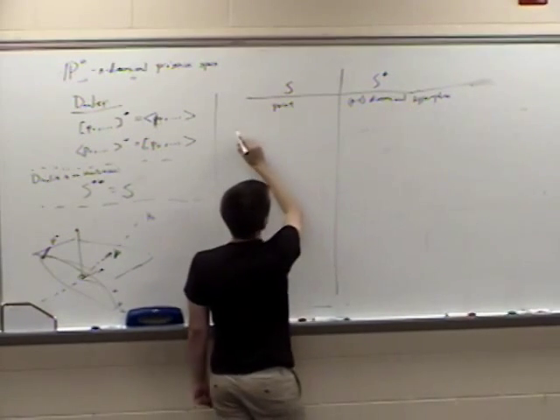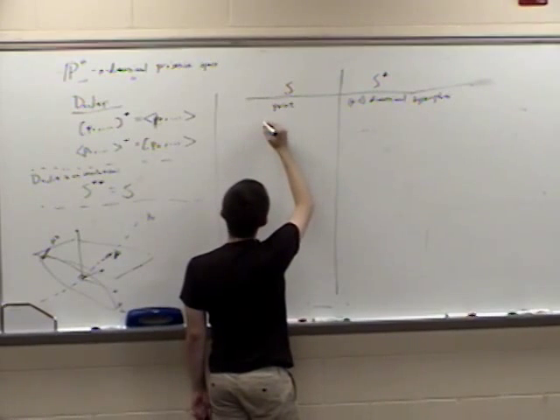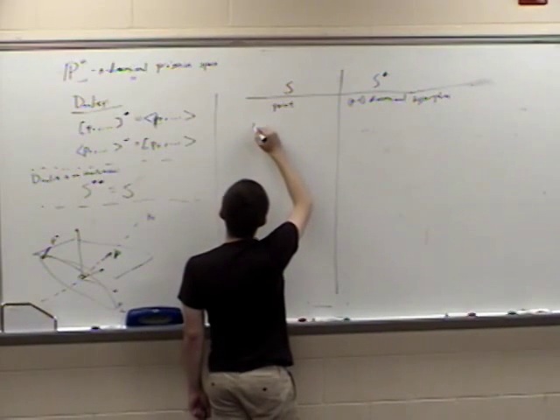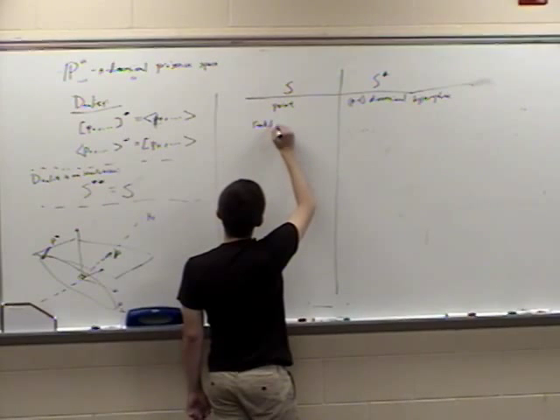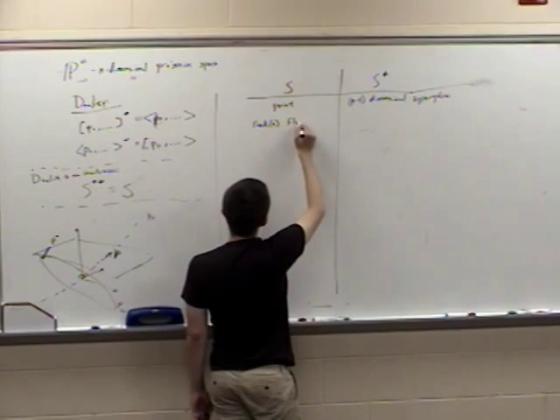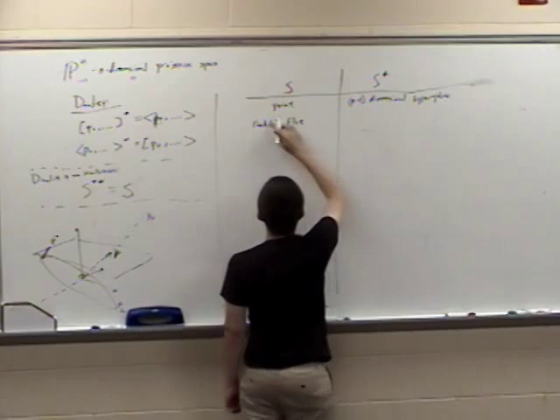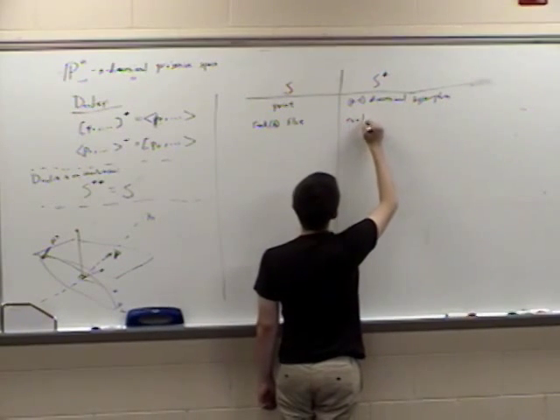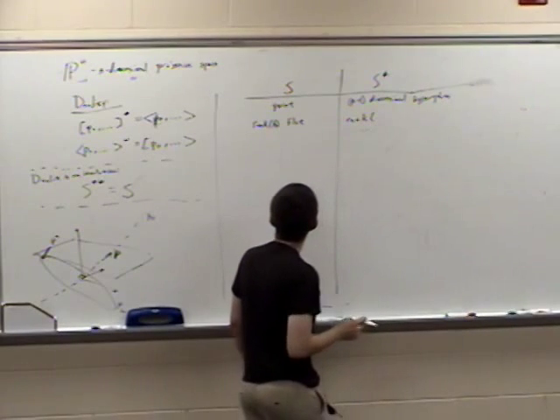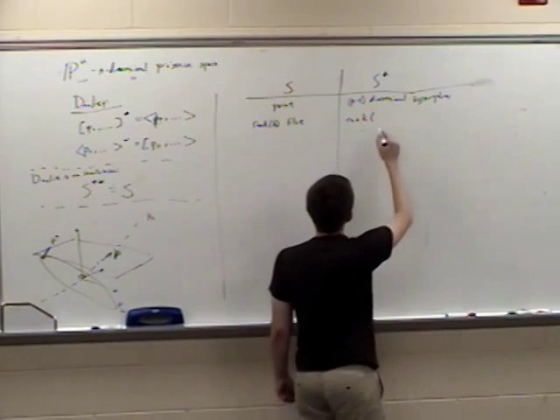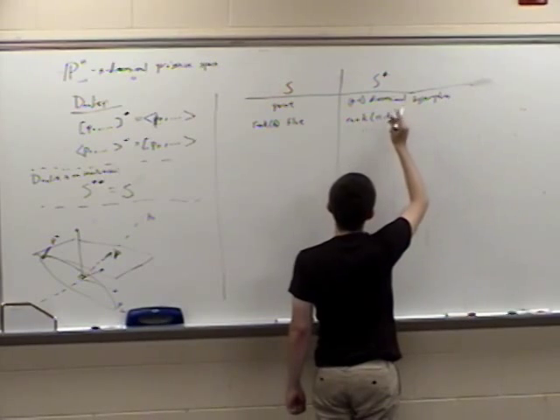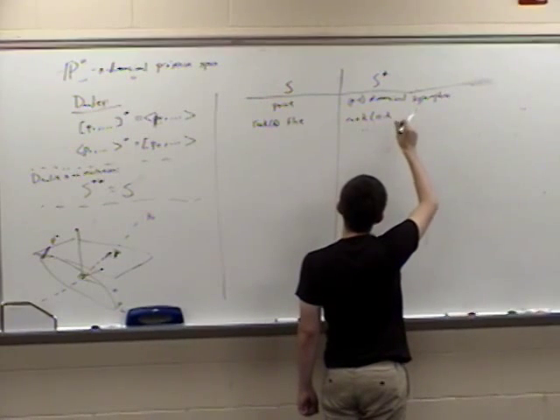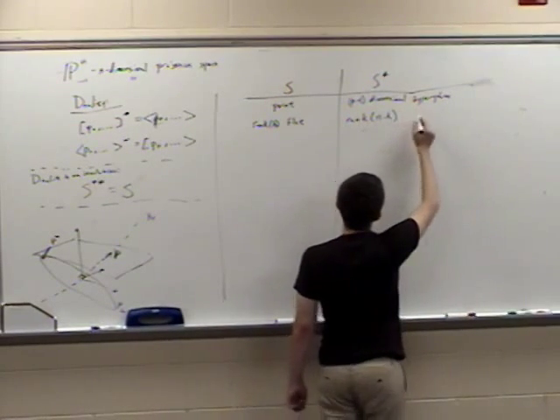And more generally, if I feed it a rank k flat, I'm going to get a rank n minus k flat.